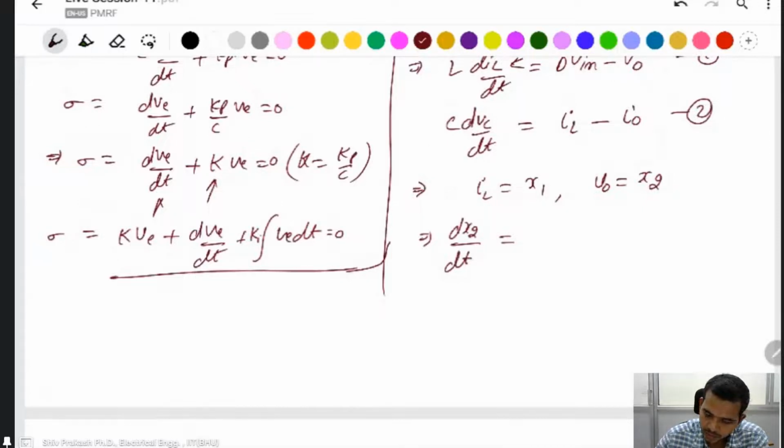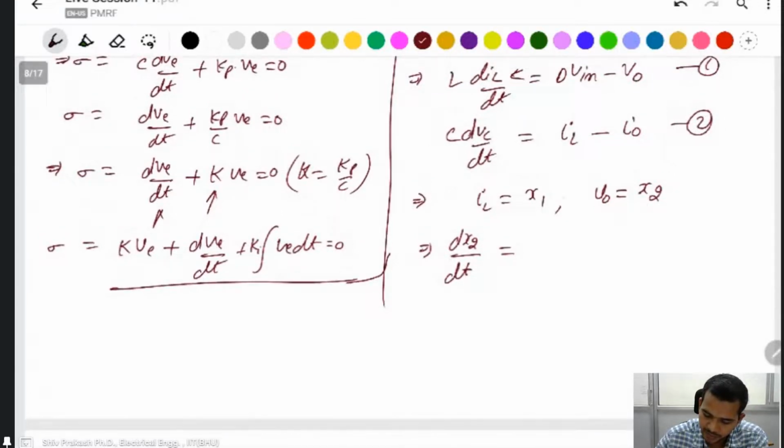This one x2 means VC, also V0, because of the same voltage VC and V0. VC means IL minus I0 divided by C. IL is x1, so x1 minus I0 divided by C.